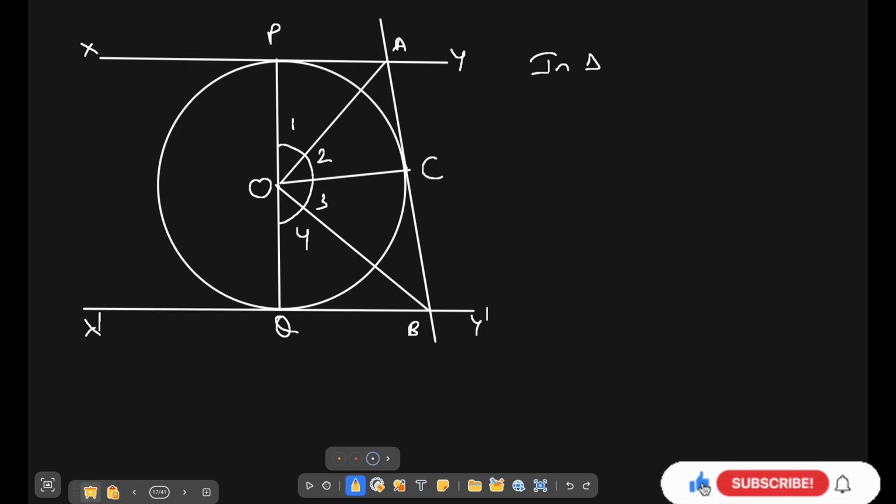In triangle AOP and triangle AOC, next, PA is equal to PC. Why is PA equal to PC? They are tangents from an external point.